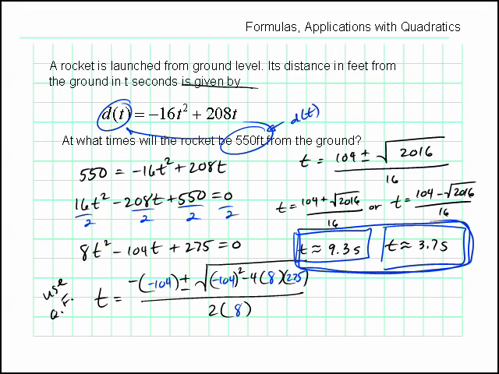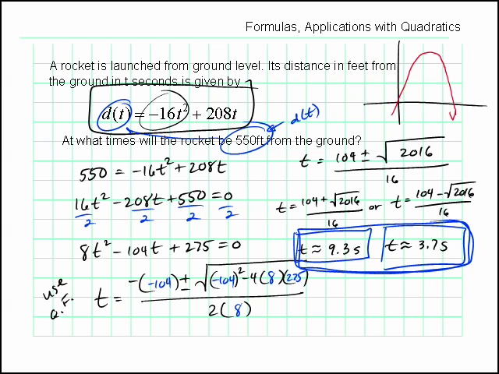If you look at this function, we learned in a previous lesson that that is a parabola which opens downward because of the negative 16t squared there. It opens downward. And so it would look something like this if we sketched it. This is the t-axis and this is the distance axis.